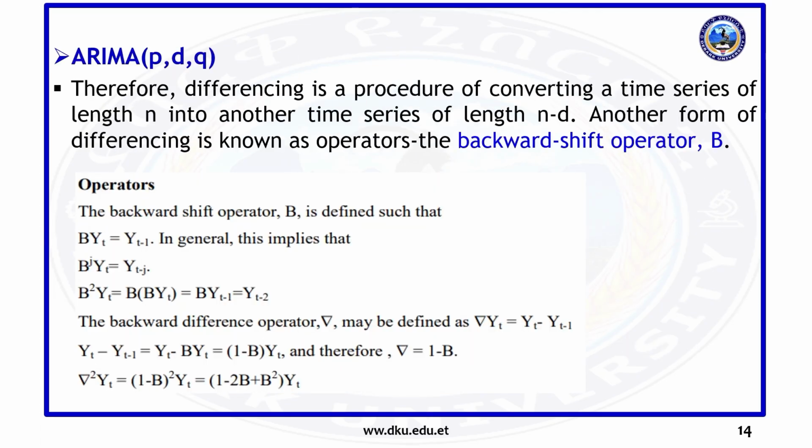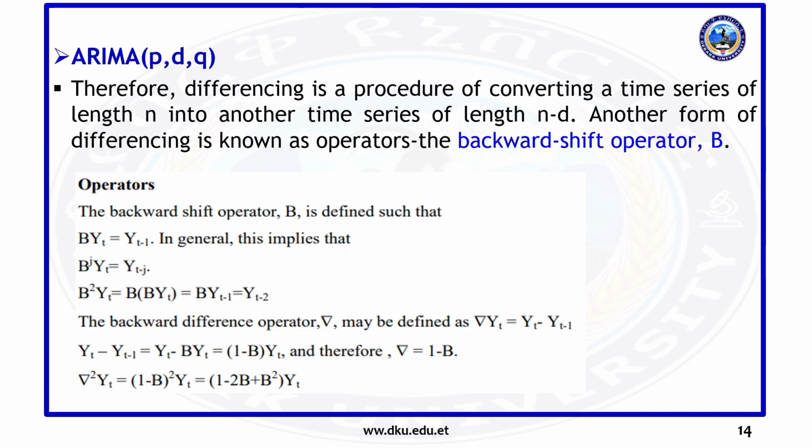Now let us discuss differencing and the backward shift operator, which are key tools in ARIMA modeling. Differencing is a procedure that converts a time series of length n into another series, typically of length n minus d, to remove trend and achieve stationarity.